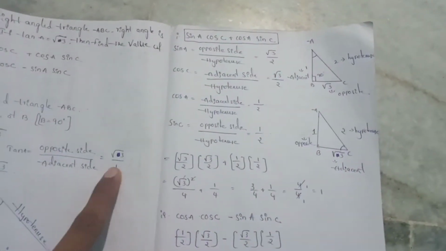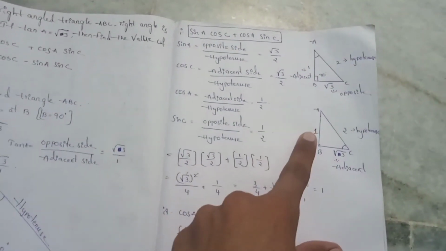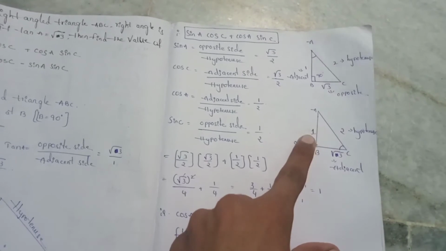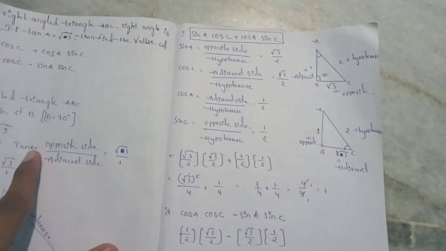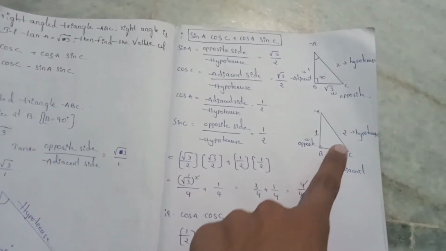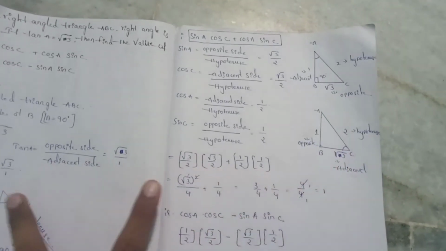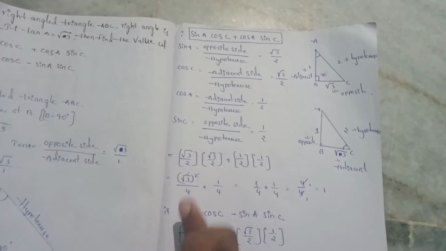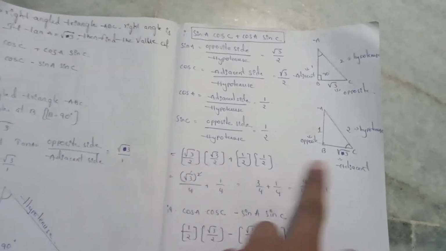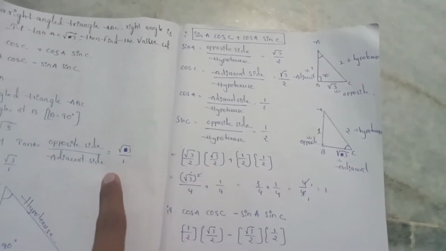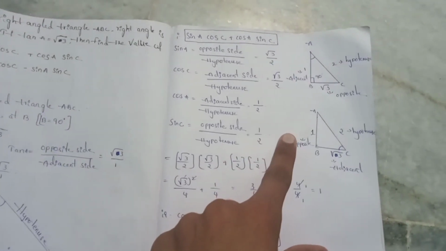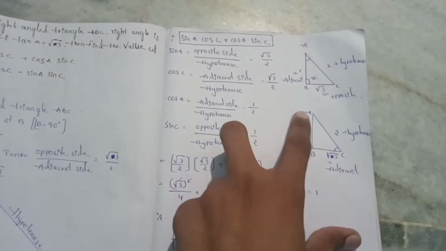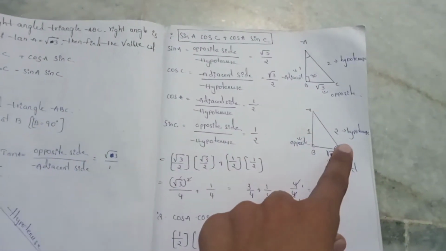Now we have to write the opposite side as root 3, but tan A is mentioned here and here it is tan C. When two angles are given, the sides switch. This root 3 becomes adjacent and 1 becomes opposite here. The hypotenuse is common, which is 2 here.